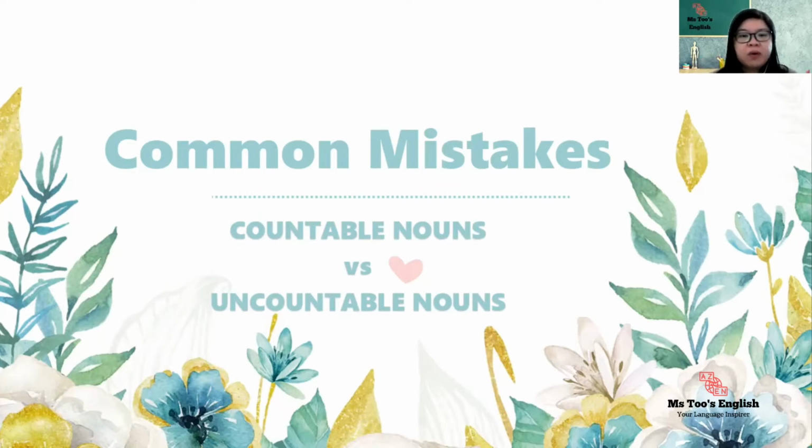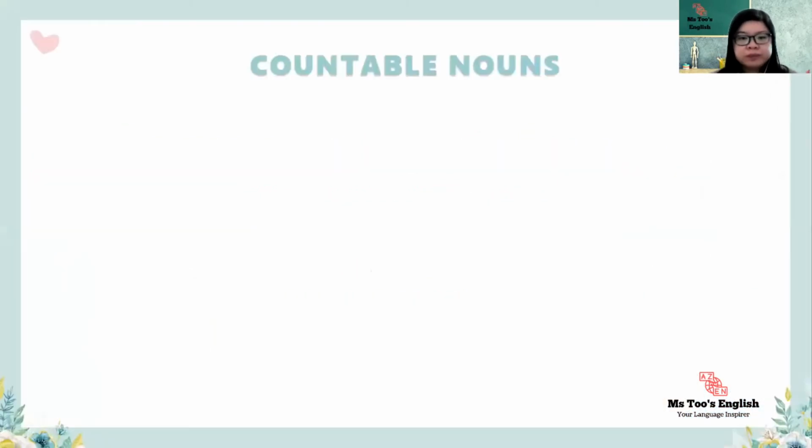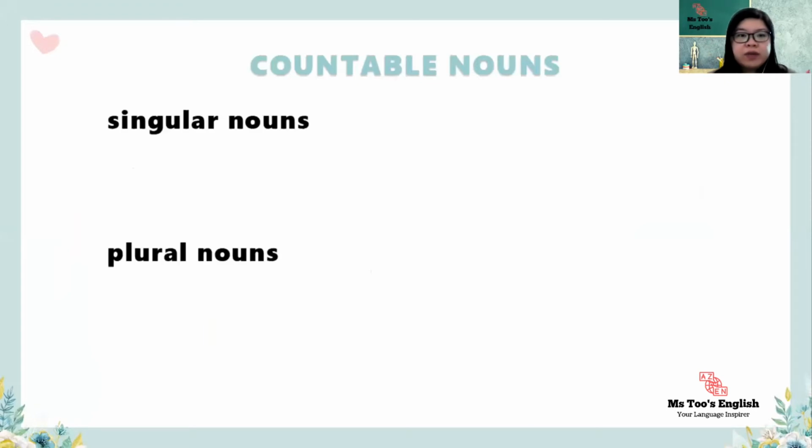First things first, let's look at countable nouns. Countable nouns are easy, I will just walk you through very quickly. Whichever noun is countable, you will have two categories: singular nouns or plural nouns.